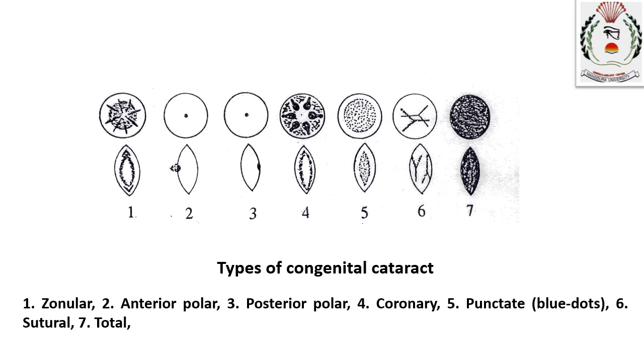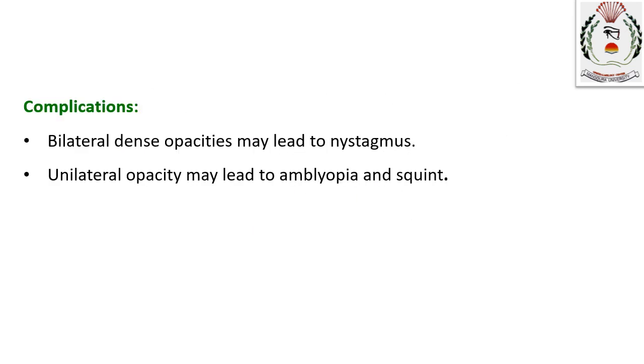Maybe anterior polar or posterior polar, anterior polar affecting the anterior capsule, posterior polar affecting the posterior capsule. Maybe coronary, affecting the periphery but the center of the lens is clear. Maybe punctate or blue dot, maybe sutural, taking Y or inverted Y suture, anterior or posterior. Maybe total, taking all layers of the lens.